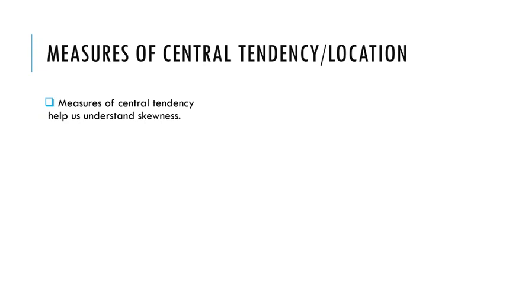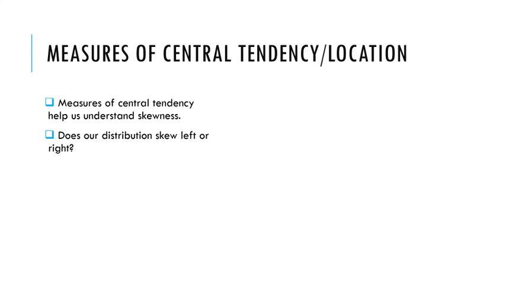Now, measures of central tendency can help us understand another idea, which is called skewness. So we've talked about, again, 3 measures of central tendency: our mean, our median, and our mode, and we can use those to help understand skewness. And what do we mean by skewness? We're talking about when our distribution skews or points to the left or to the right.